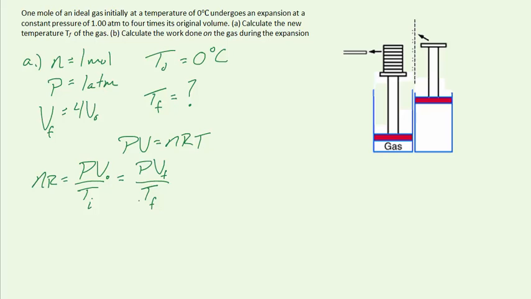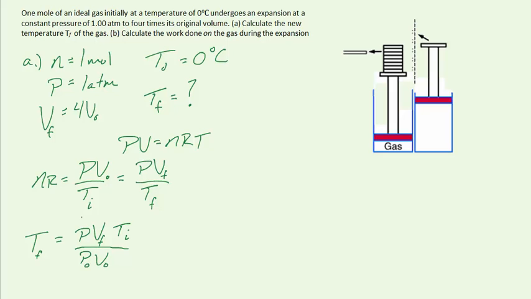Since we're trying to solve for our final temperature, we can rearrange the equation where our final temperature is equal to our pressure times our final volume multiplied by our initial temperature, divided by our initial pressure multiplied by our initial volume.